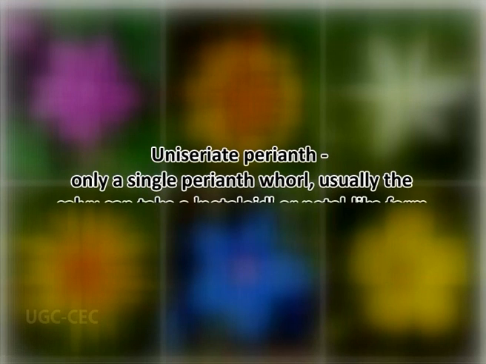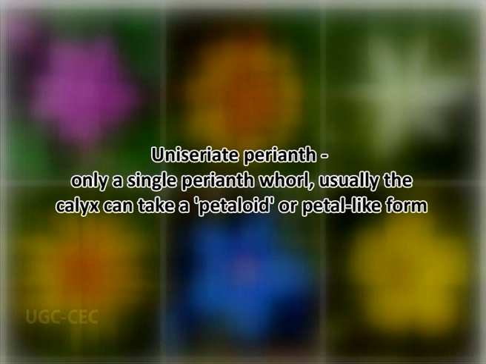The following type of variations can be generally observed in angiosperm flowers with respect to their floral whorls. Uniseriate perianth, where only a single perianth whorl, usually the calyx, is present, which when alone can take a petaloid or petal-like form.